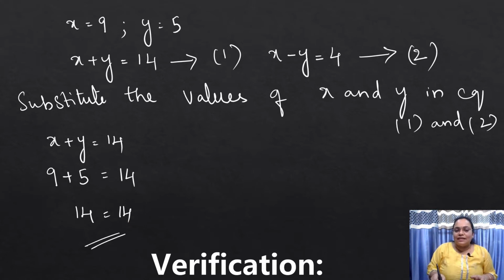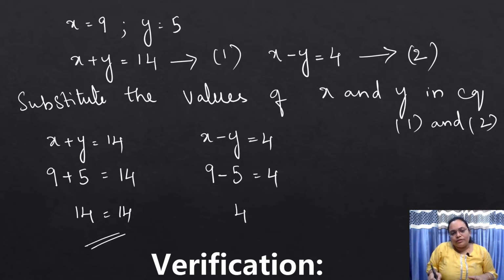We will see the next equation, x - y = 4. What is x? x is 9 minus y is 5, which is 4. 9 - 5 = 4, so 4 = 4. Even for this equation, the values satisfy, right?